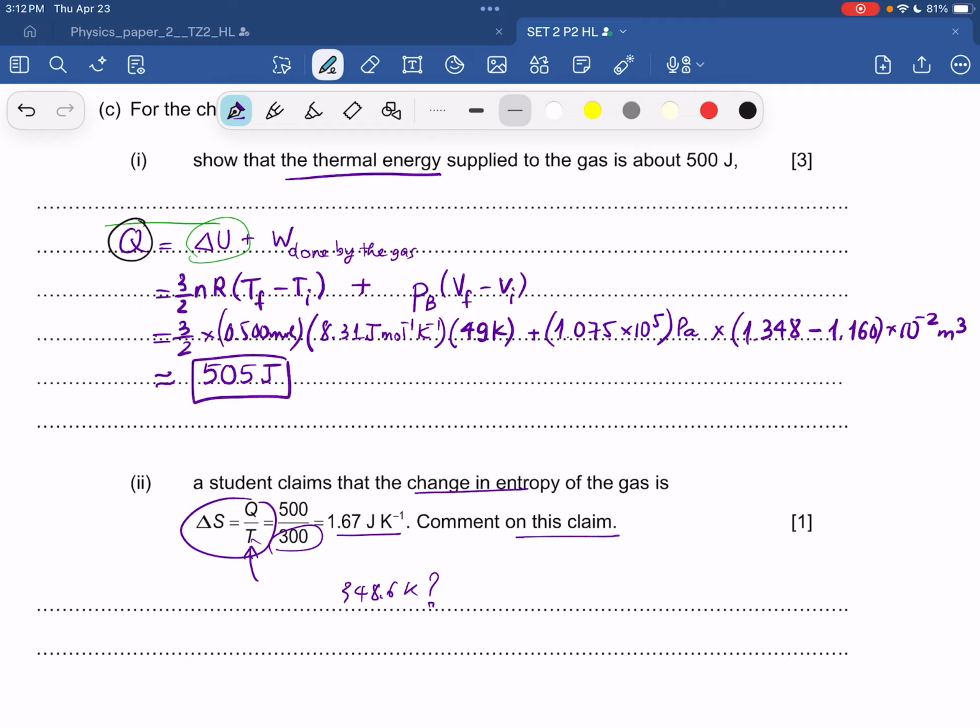So we cannot use this value. This value only applies when you have T staying constant, okay? So the formula cannot be used because the temperature is not a constant. It has been changed.